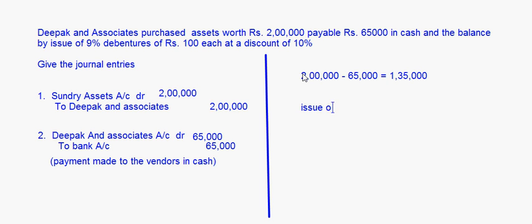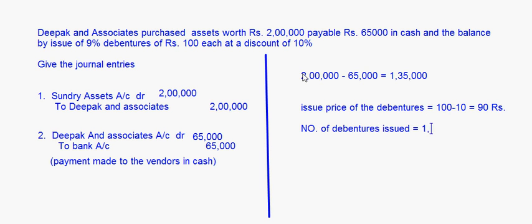So the issue price of the debentures is how much? 100 minus 10, which is equal to 90 rupees, right? So the number of debentures issued will be equal to 1,35,000 divided by 90, which is again 1,500 debentures, right?